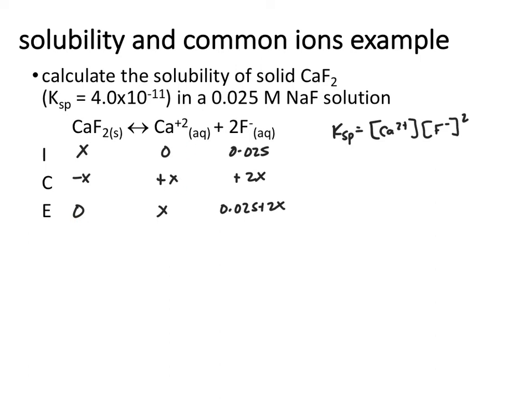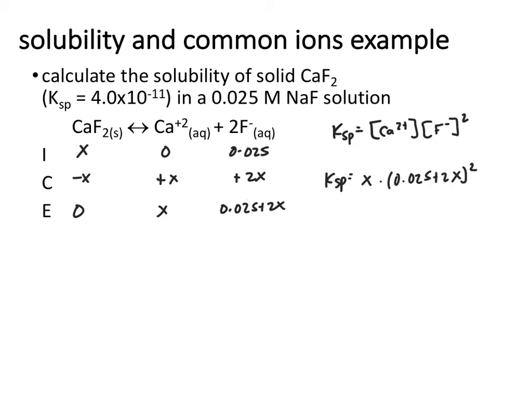We're also including the 0 here because we're assuming that whatever is soluble will ionize completely into the ions. Now that we have our values at equilibrium to plug into our equilibrium expression, we're going to go ahead and do that.